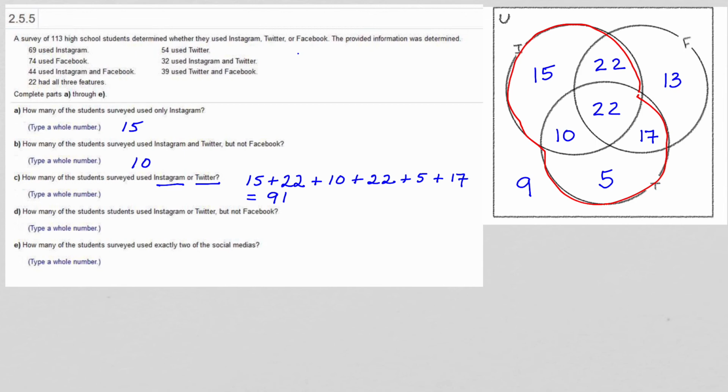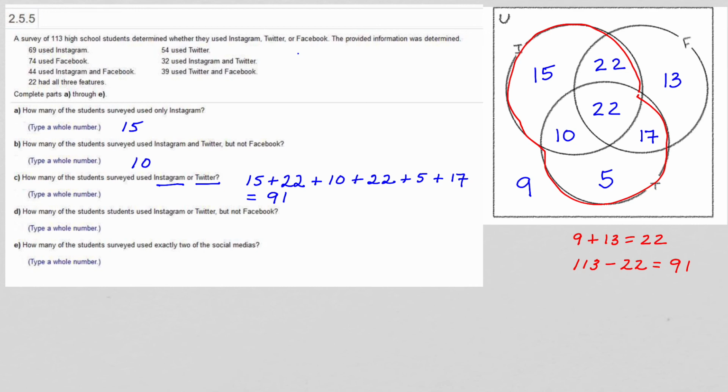And so I looked at what numbers were not inside the red area. And I said, well, that's 9 plus 13. And that is 22. And then I just subtracted that from the total. I know that it adds up to 113. And that's how I got 91. So that's an alternate way of getting that answer. Okay.